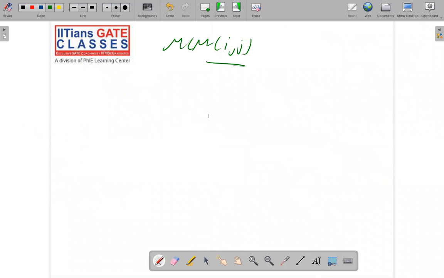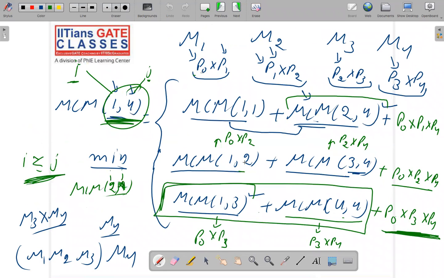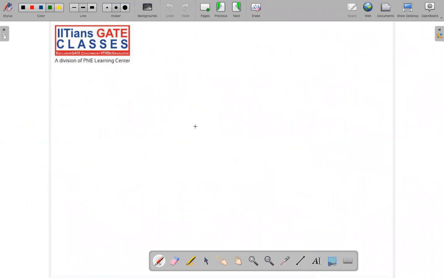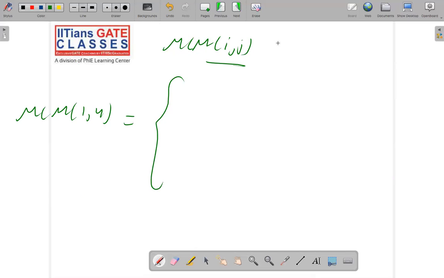MCM I, J. What can we say by seeing this result? MCM 1, 4. Okay, let's try to write it in a clearer way. It's a bit messy. Then only we can see the results. MCM 1, 4. So we know the dimensions: M1 has P0 by P1, M2 has P1 by P2, M3 has P2 by P3, M4 has P3 by P4.